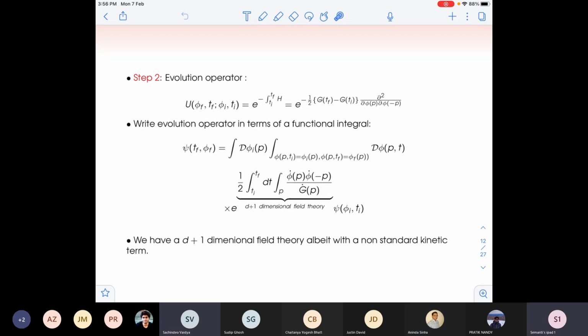I have a question which is even simpler than Anindo's question. Isn't there an i in the exponential of your evolution operator? These are all Euclidean space. These are Euclidean. So then maybe this is the clue to answering Aninda's question. Can you now answer his question?